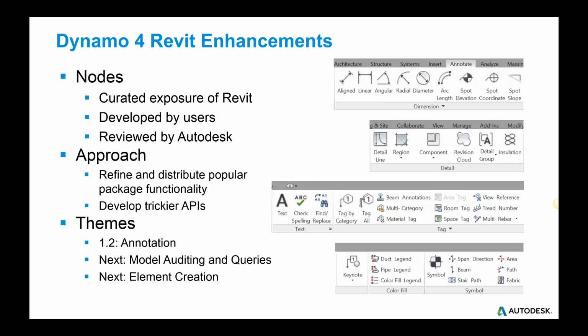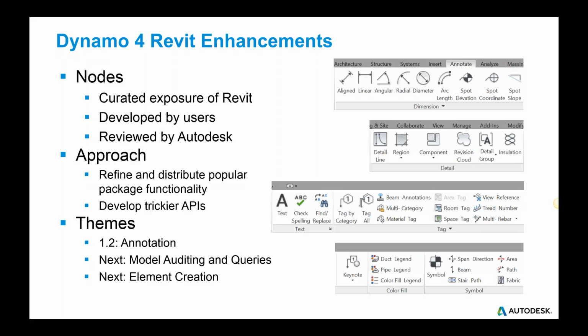We also did it in a different way than we usually have, which is that we started working with people who are outside of Autodesk to write a lot of these nodes. We collaborated in particular with a group called Thornton Tomasetti, which is a structural engineering and consultancy group based out of New York City and London and a couple of other places.